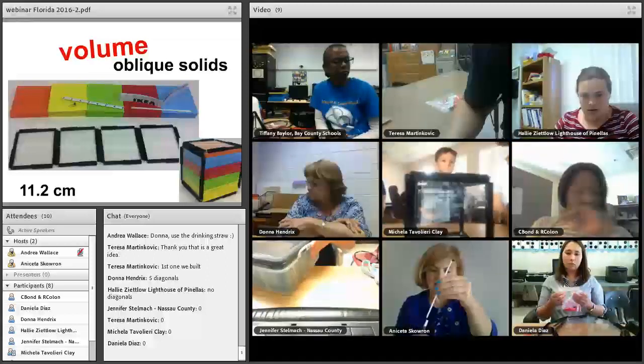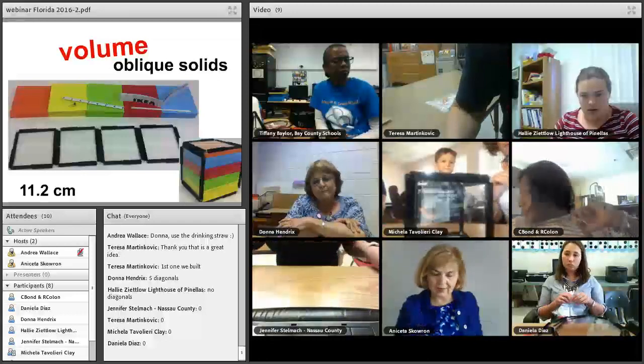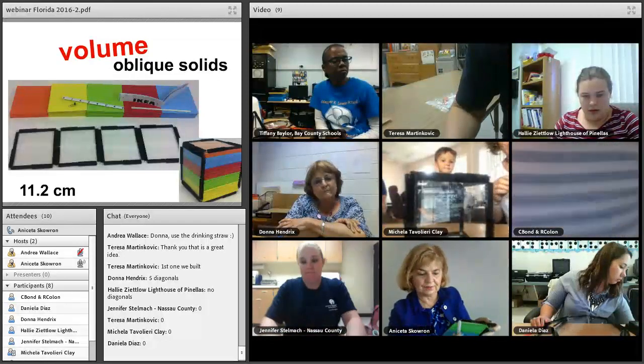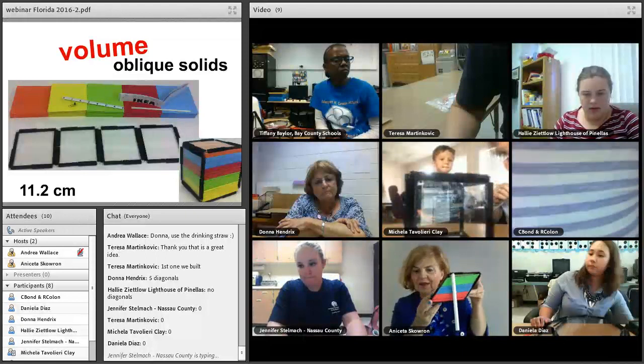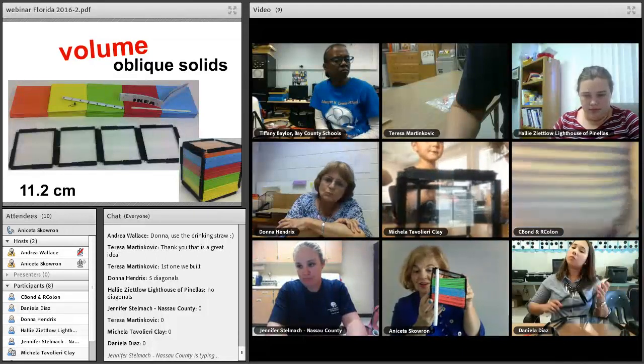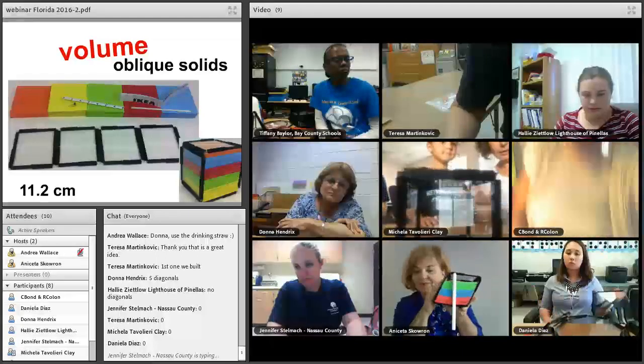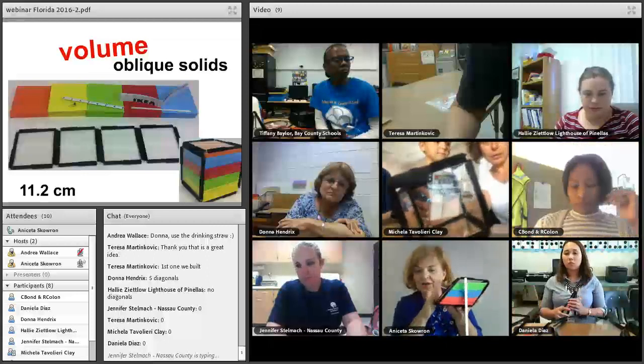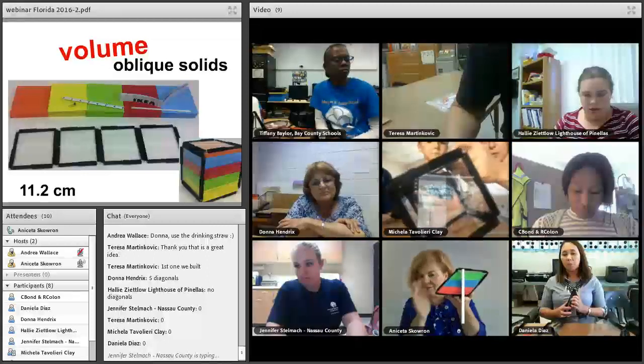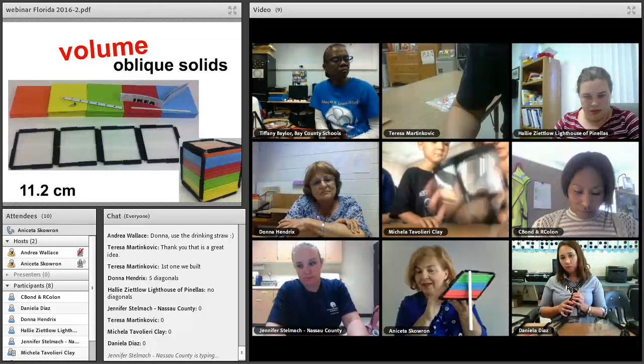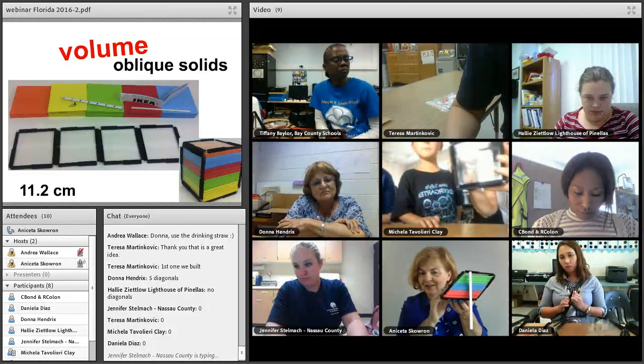You stick it inside, and then you can fix it in here. So then you get a measure of the height. You can show that it's always vertical because it will stay vertical. And now you can measure the height, right?